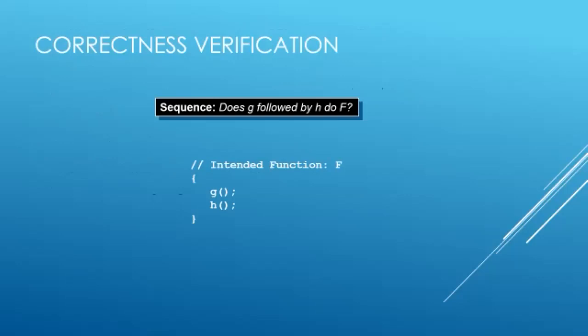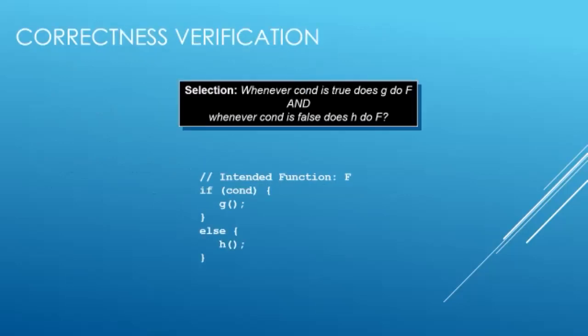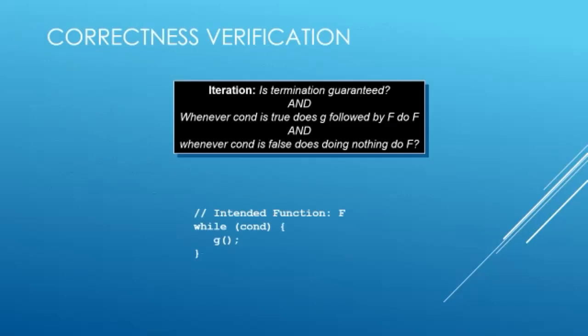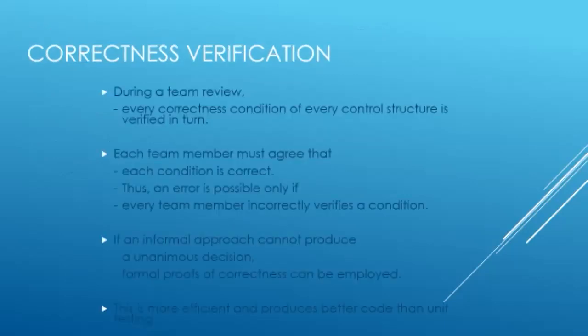This is the correctness verification example. Correctness verification during the team review. Every correctness condition of every control structure is verified in turn. Each team member must agree that each condition is correct.